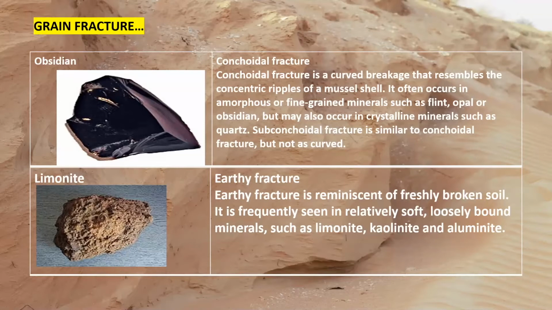Subconchoidal fracture is similar to conchoidal fracture, but not as curved as this. And then the limonite, which has the earthy fracture, reminiscent of freshly broken soil. It is frequently seen in relatively soft, loosely bound minerals such as limonite, kaolinite, and aluminite.